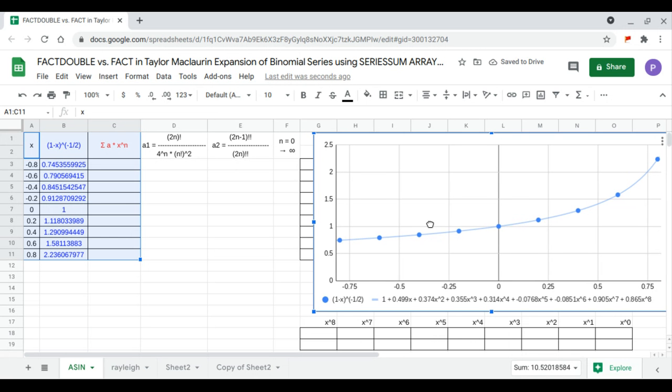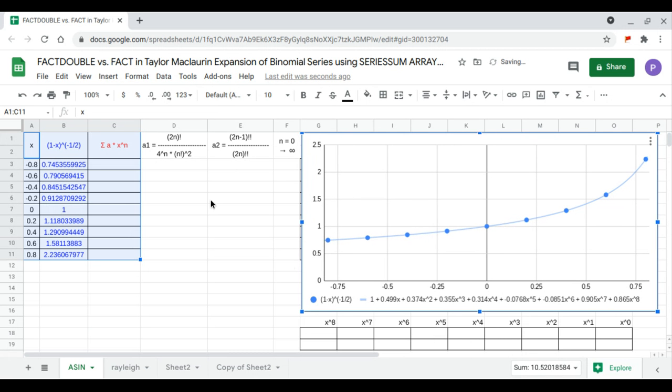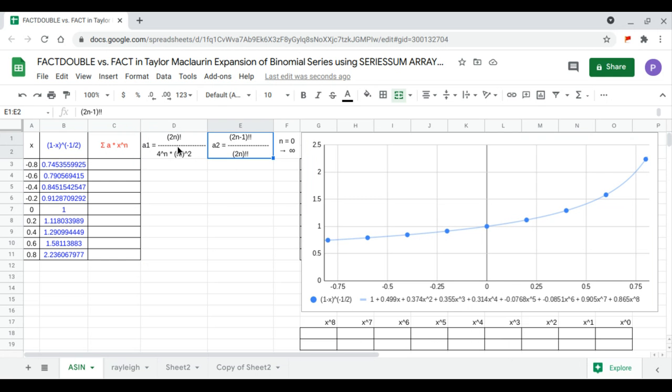Next, we generate the Taylor-Maclaurin series sum of this using both the factorial and the double factorial, where it is the summation of a times x to the power n, where a is a factorial and a double factorial. The factorial is factorial of 2n all over 4 to the power n times factorial n squared.